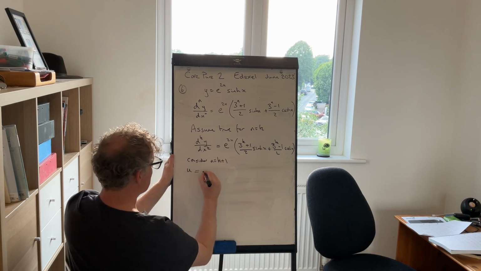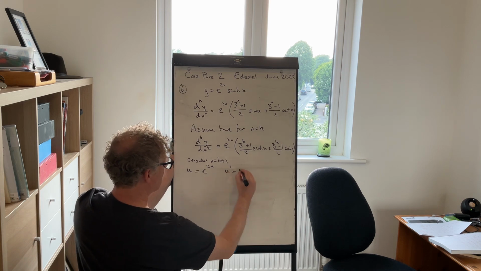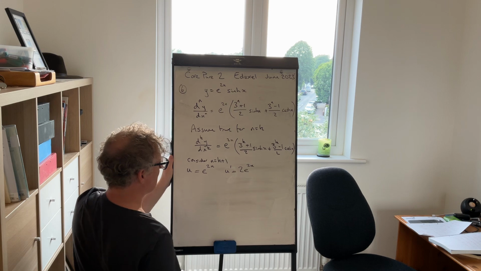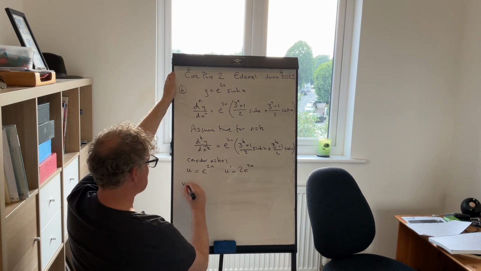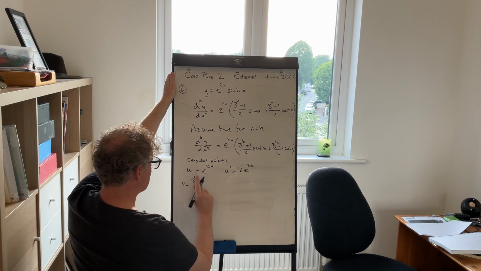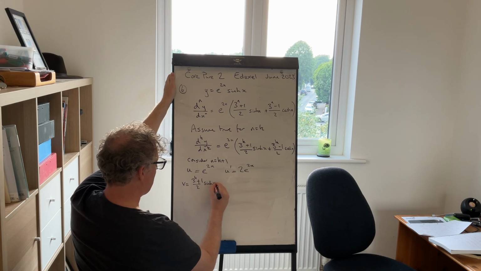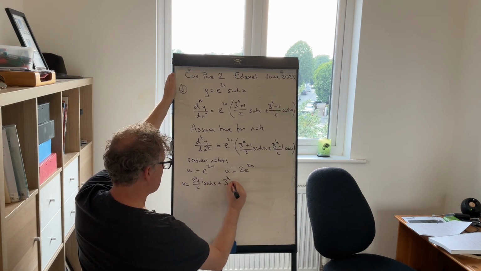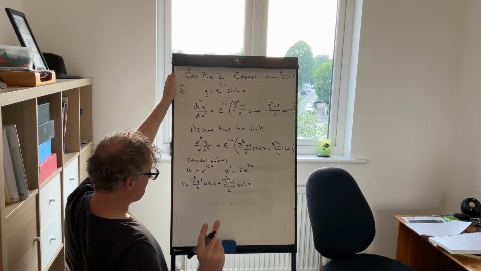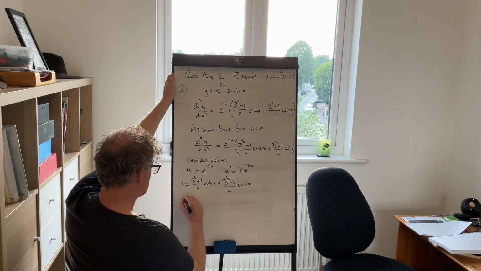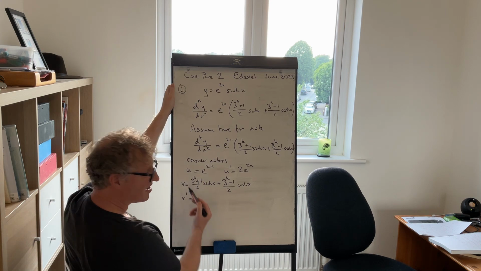So nice easy, u equals e to the 2x, so therefore u dash is 2e to the 2x. Okay, so the differential of that. And now I'm going to do the differential of this. So v equals 3 to the k plus 1 over 2 sine x plus 3 to the k minus 1 over 2 cos x. So if I differentiate that, I'll have to write it underneath to give myself a little bit of space. 3 to the k plus 1 over 2 is just a number.